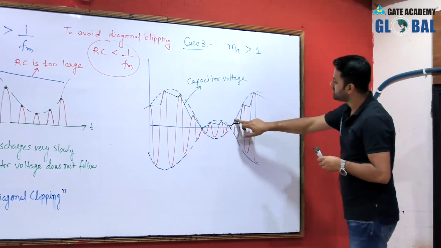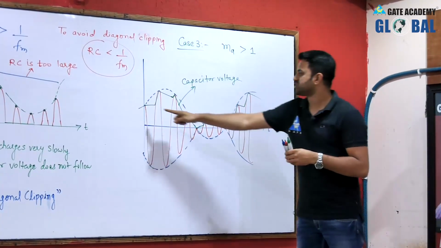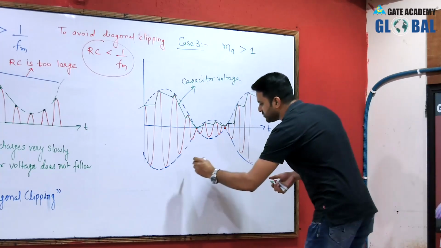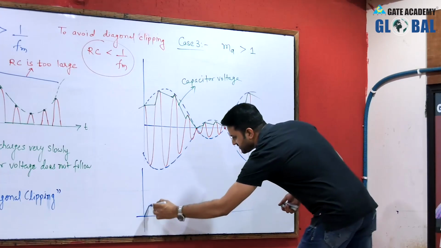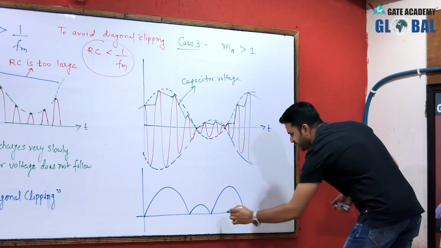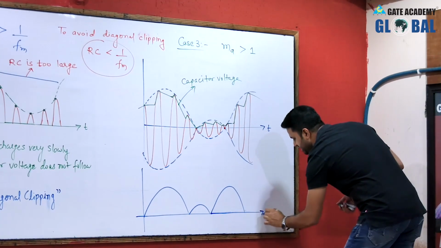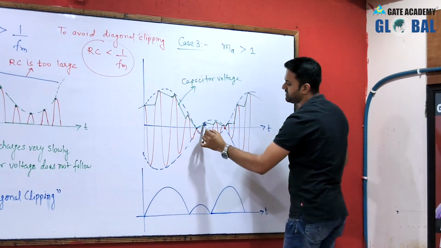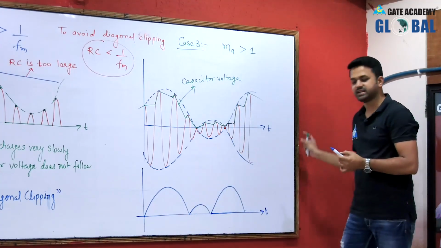But if we talk about the envelope of this signal, because the diode works only in the positive half cycle, we will get only this positive half portion, and after passing through the smoothing filter, we will get the output in this way, because by connecting the positive peaks we get the envelope. So these are the positive peaks, and after joining these positive peaks, we get the signal like this.